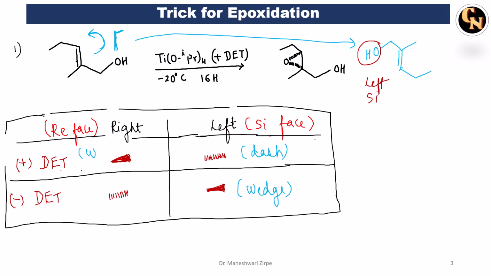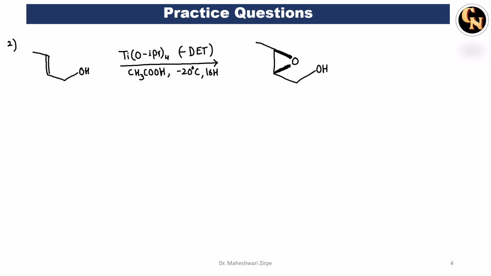Similarly, wedge and dash. Okay, so this is a small trick for your Sharpless asymmetric epoxidation. Let us see the next one.